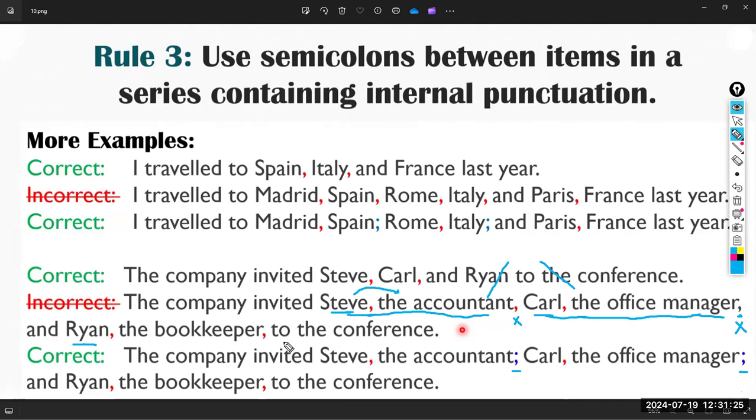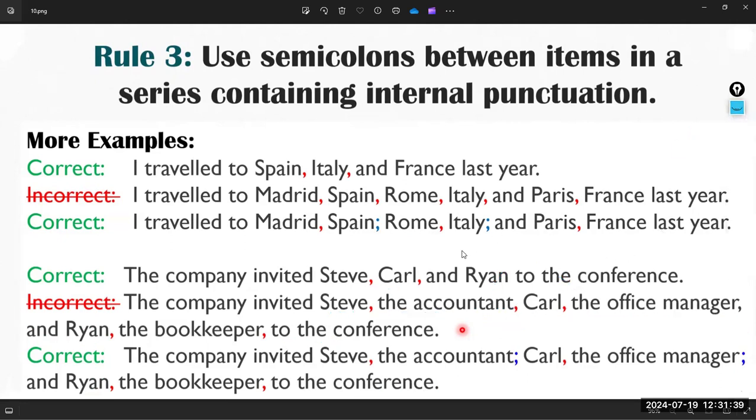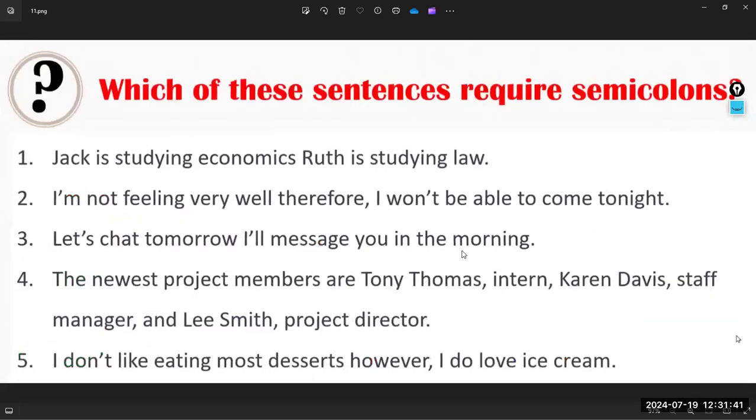To the conference. Here I want to write a comma because I haven't finished yet, and a full stop if I want to finish talking, or maybe the meaning is complete. So be careful because again, this is extremely important.